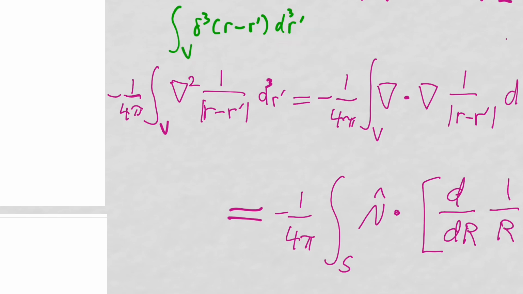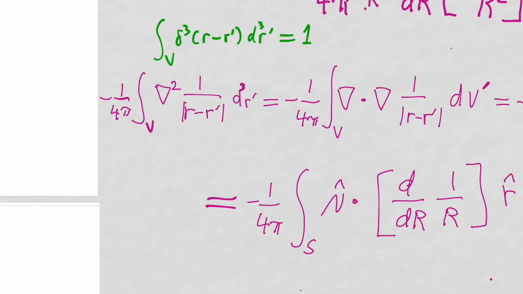By definition of what the delta function is, that's 1. So if our claim is that this, with the included minus 1 over 4 pi, is a representation of the delta function in 3 dimensions, this integral better give us 1. So we need to calculate this integral to show that it is equal to 1.